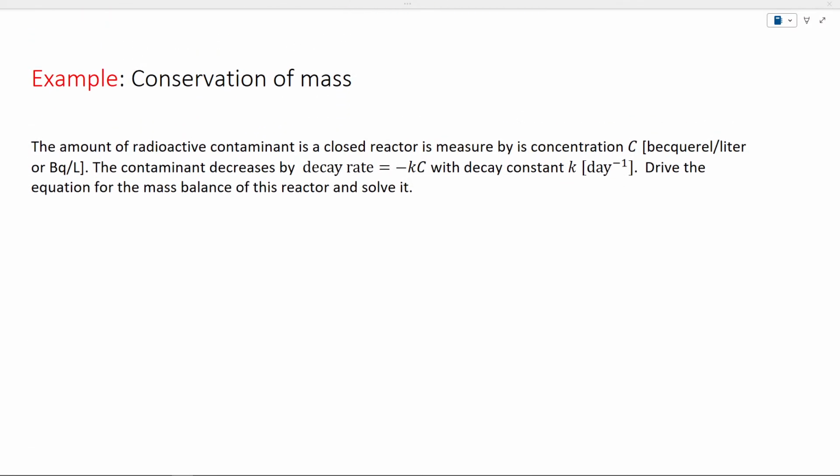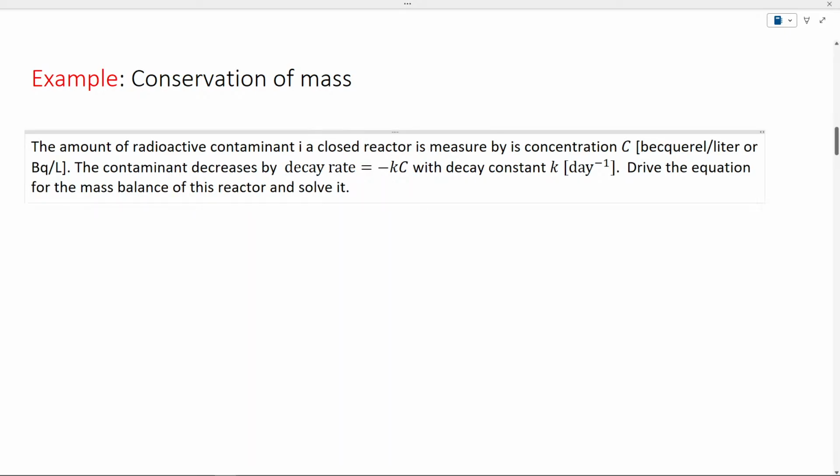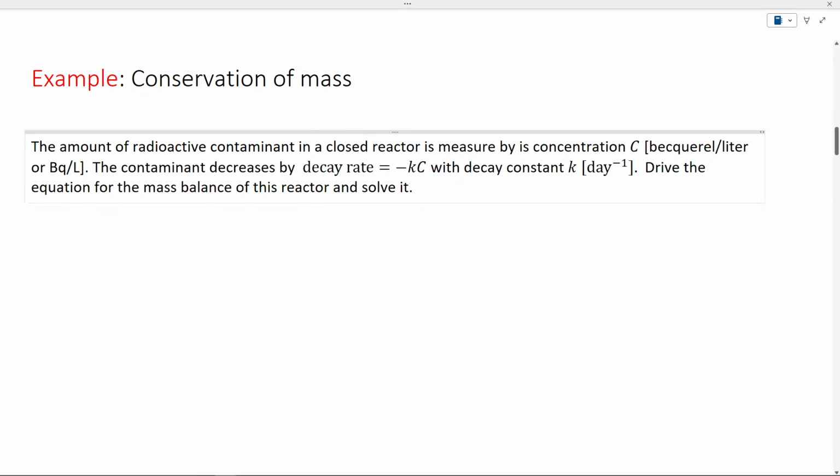So here, let's just think about this. I'll start the derivation very basic. The amount of radioactive contaminant in a closed reactor is measured by concentration C, which is measured in becquerel per liter, or Bq per liter.